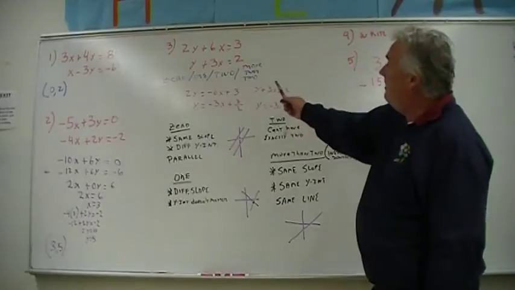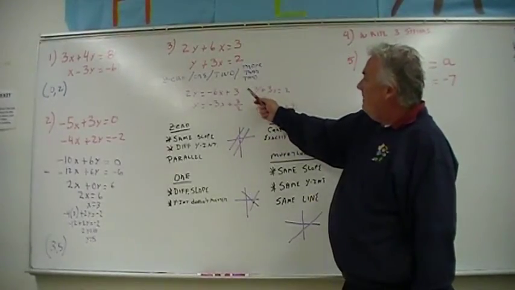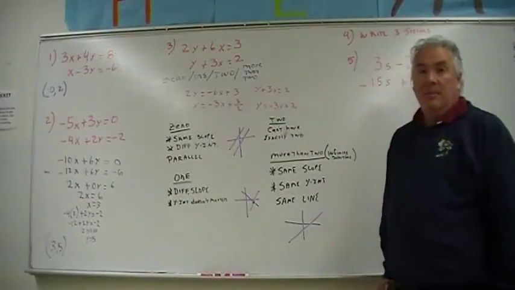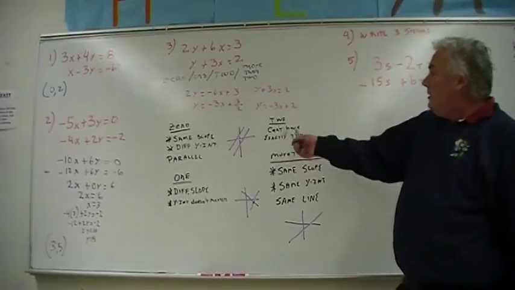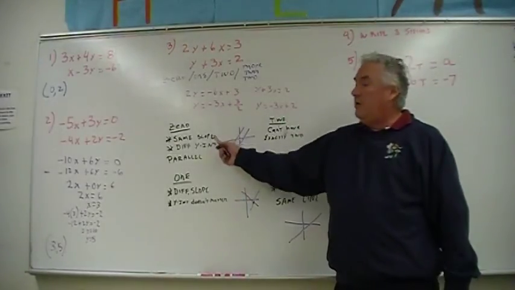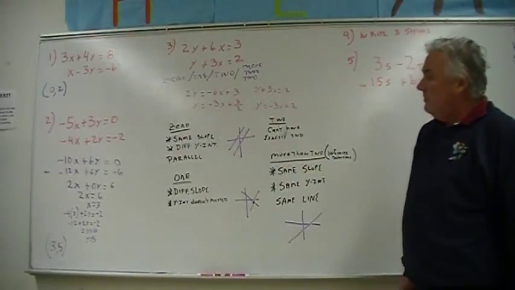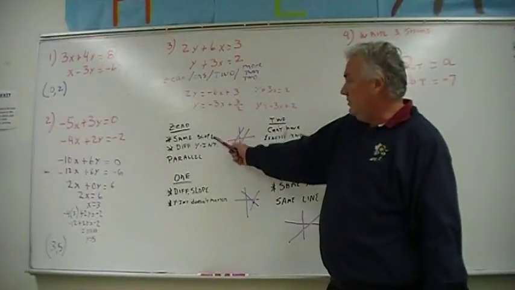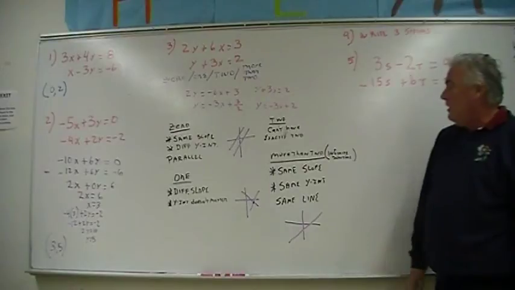What you need to do is find the slope of each one, because the slope is going to determine the properties of the system and fit it into one of those 3 categories: either 0 solutions, 1 solution, or more than 2 solutions.